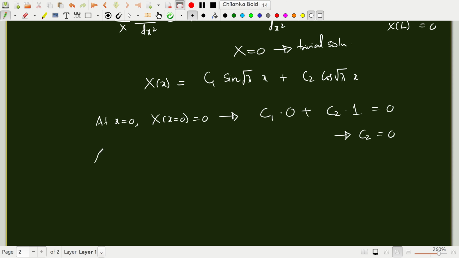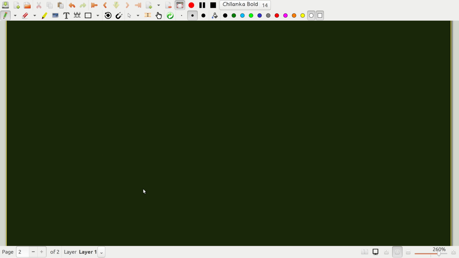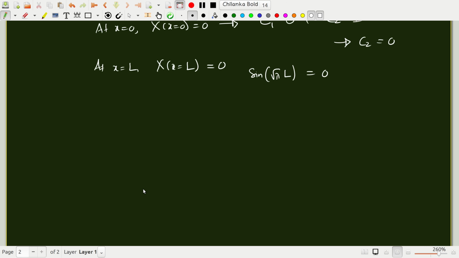Okay. At x equal to L, X of x equal to capital L is 0, which means sine root lambda L is 0, or root lambda L must be equal to plus or minus n pi, where n goes from 0, 1, 2.